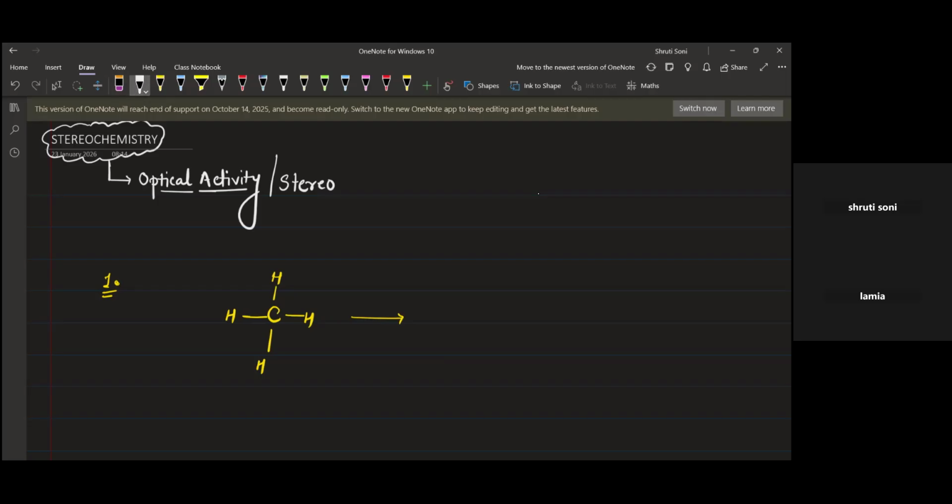So to represent these 2D molecules in 3D, we come through with a solution, that is Fischer representation. Do you know anything about Fischer representation? Is it similar to the Newman projection? Yes, Newman projections.